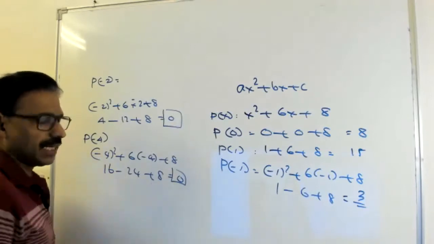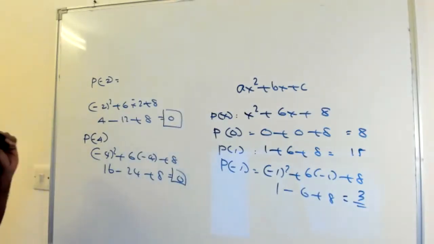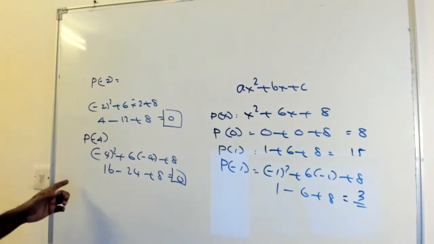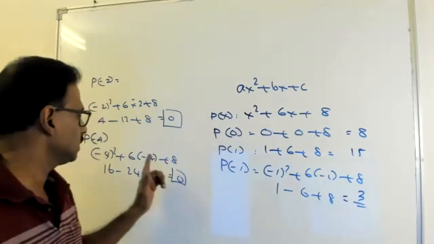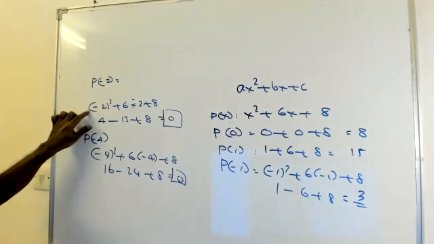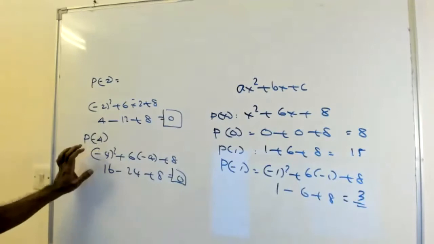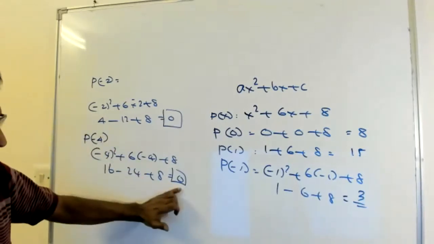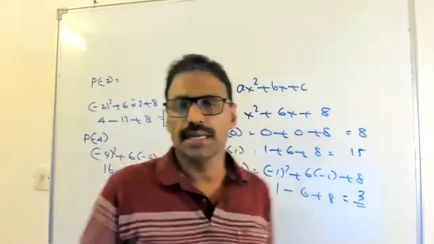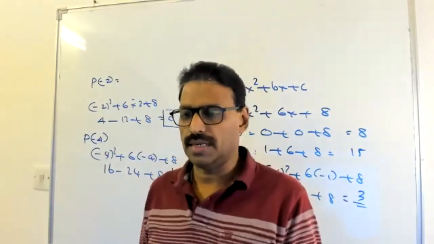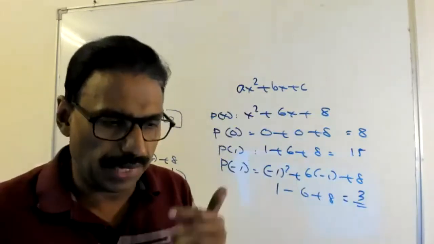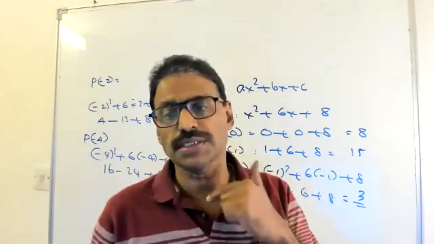When I substitute x equal to -2, the value becomes 0, and for -4 the value becomes 0. That's why we can say -2 and -4 are the zeros of this polynomial. Clear or not?